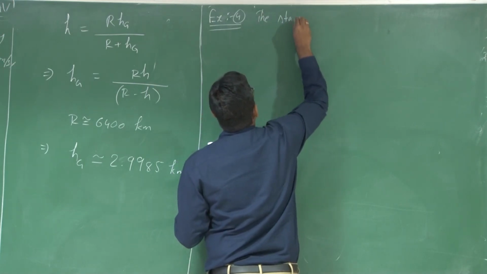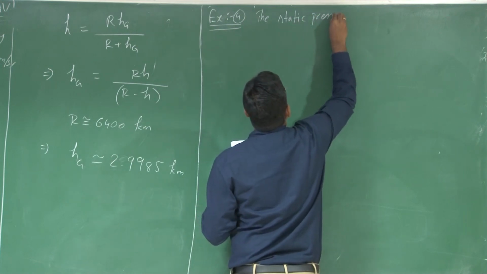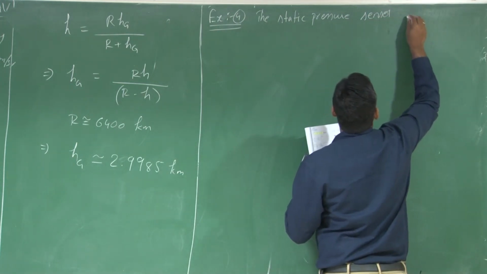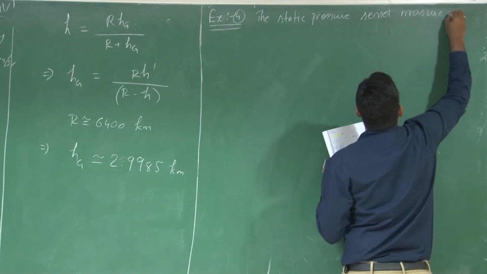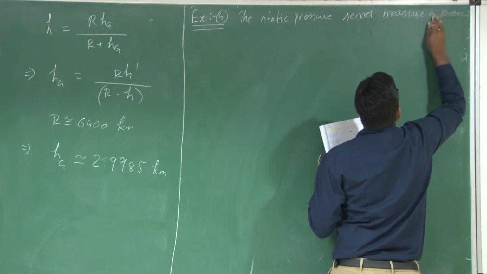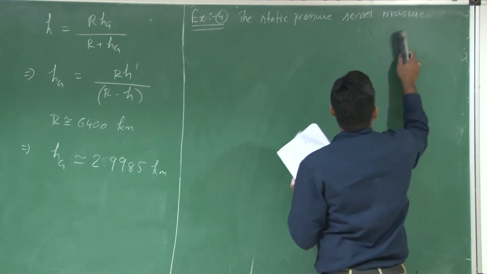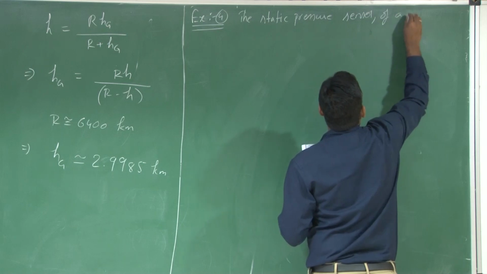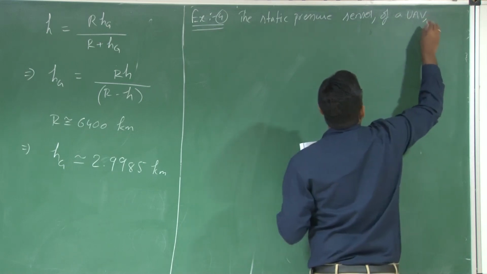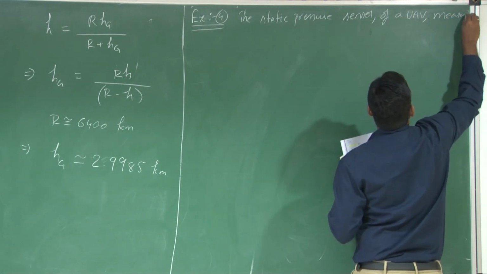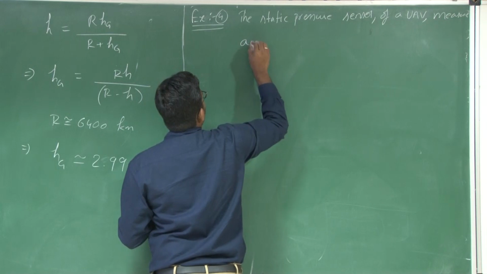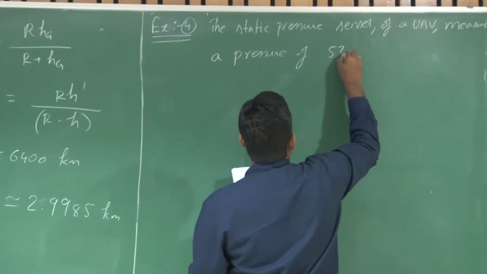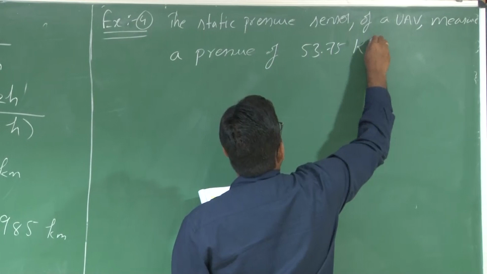The static pressure sensor of a UAV measures a pressure of 53.75 kilopascals.